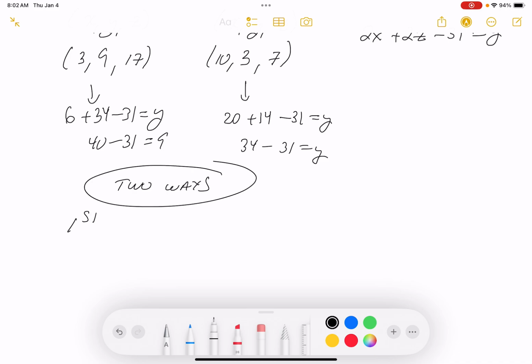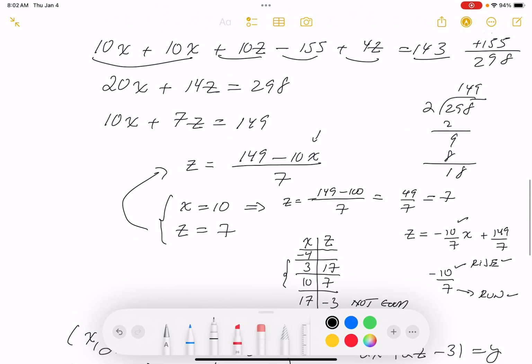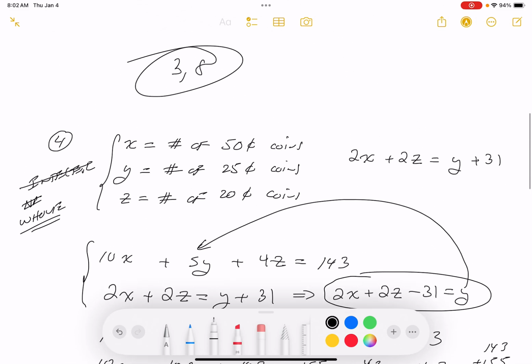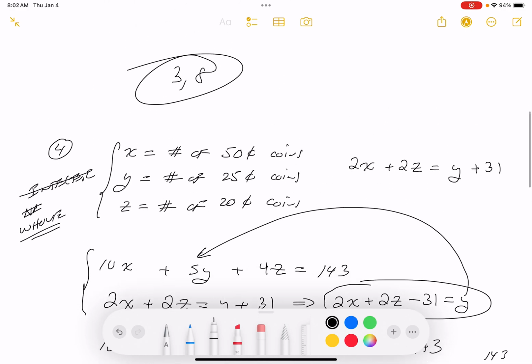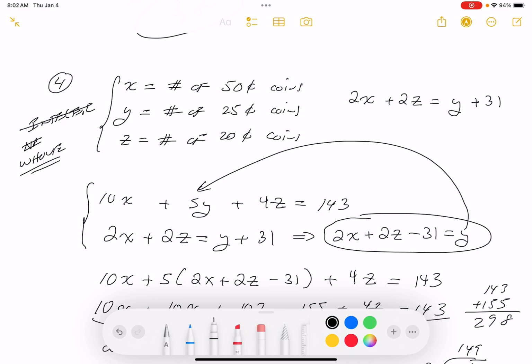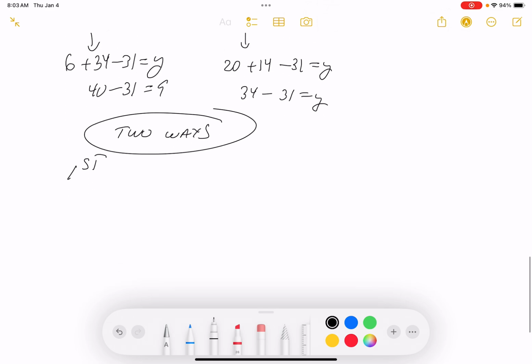Let me make sure I'm saying this right. I have to remind myself what these x, y, and z are. X is 50, y is 25, and z is 20. Okay, 2 ways to do it.